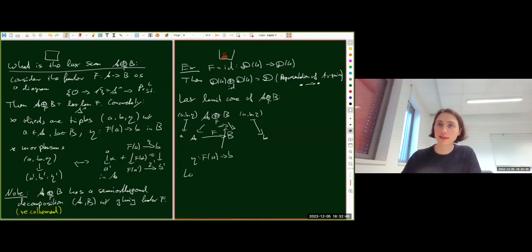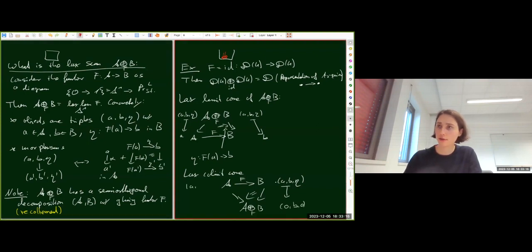And maybe what is the Lax colimit cone? There, this looks as follows. We have F going from A to B. Here we have the direct sum, and the morphism goes like this. And here, A, B, eta is mapped to 0, B, 0.